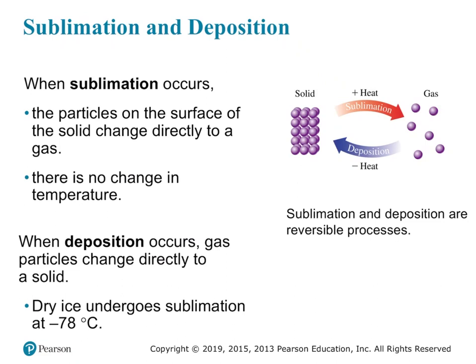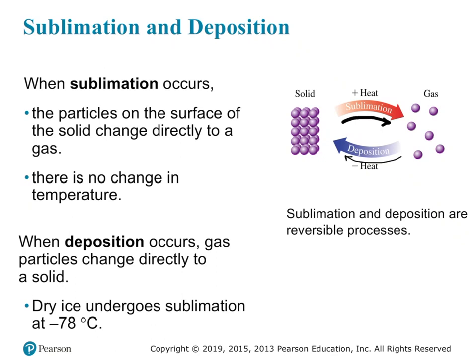And this is called sublimation. So if you have a solid and you're adding heat and it turns into a gas, that's sublimation. There are also cases where a gas, when it's cooled down, will turn directly into a solid. And that's called deposition.